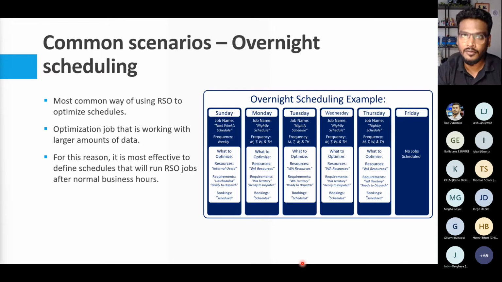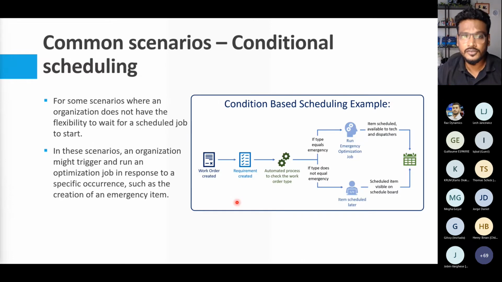All these things you can play around with. Emergency and normal tickets can still be scheduled manually, from the legacy application, or via APIs. For a huge volume of records and not-so-important work, overnight scheduling can be done via RSO. You can mix and match all these combinations.